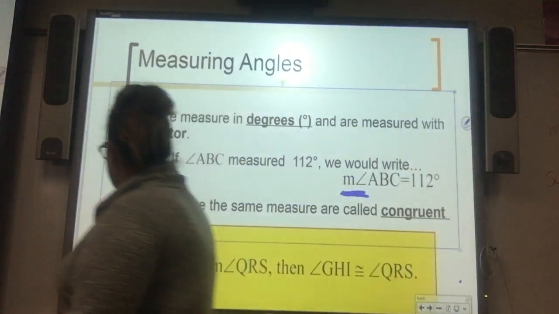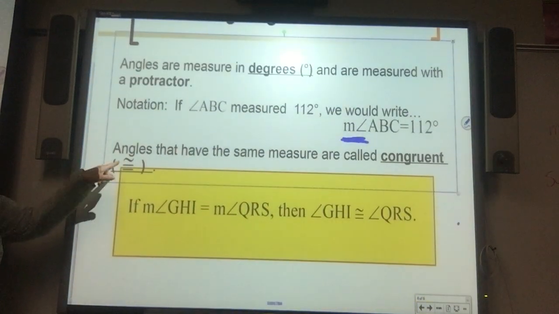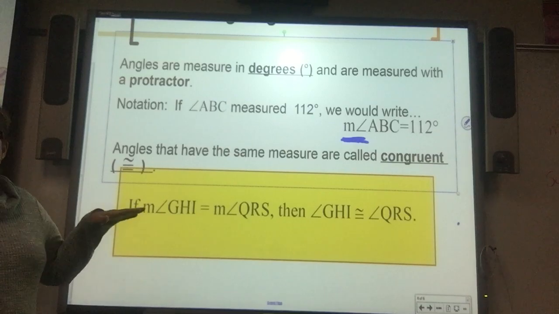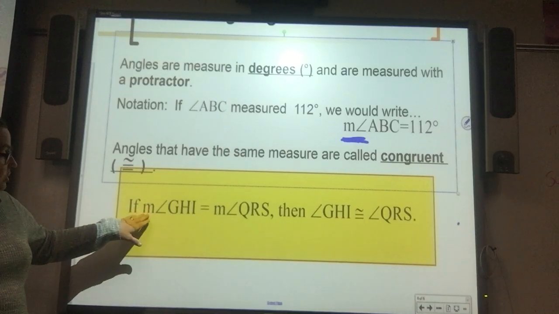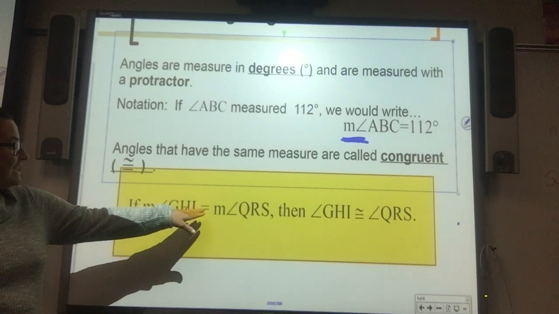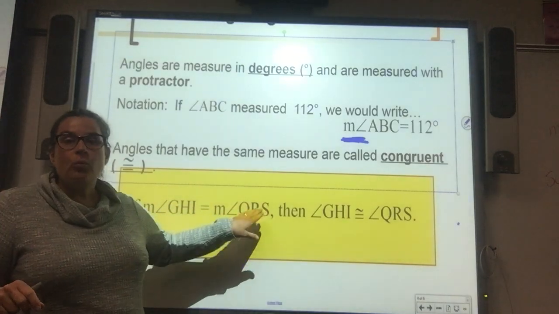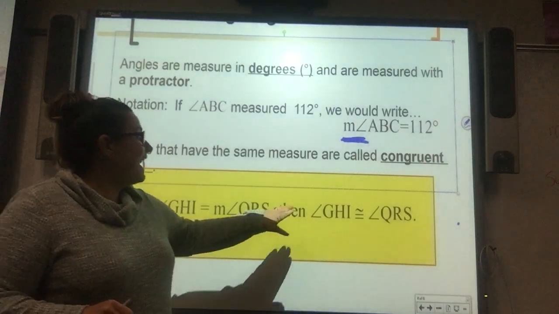Again, looking at labeling. The measure of angle GHI is equal to the measure of angle QRS. We can also then say that angle GHI is congruent to angle QRS.